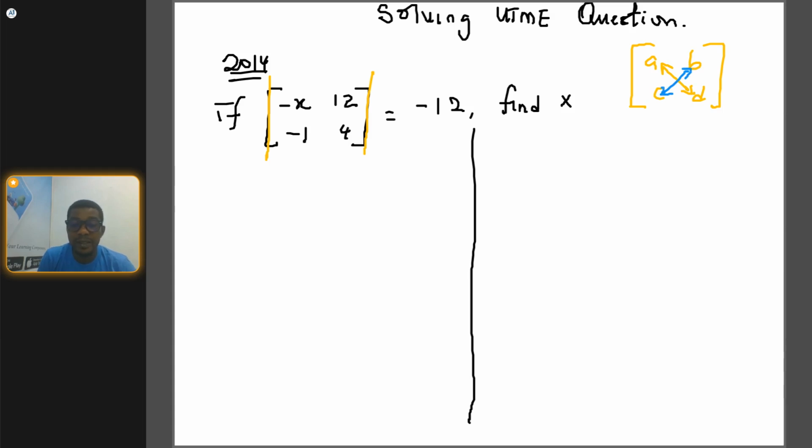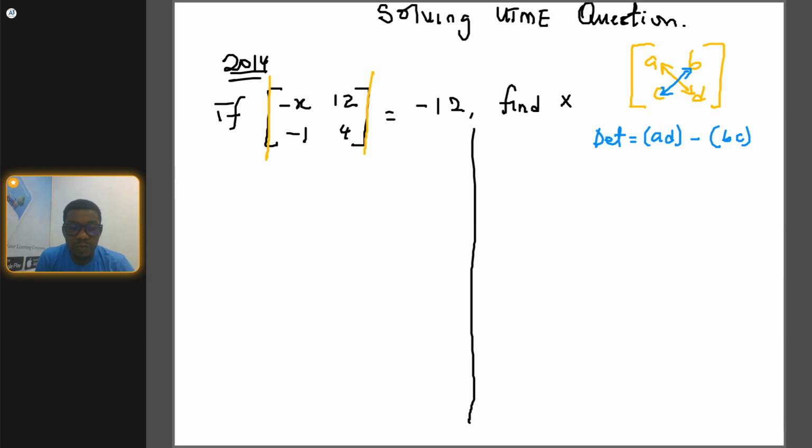What I mean by that is that the determinant will be equal to AD minus BC. That is, I'm multiplying D times A, that is AD. I'm multiplying C times B, that is BC. Then I'll take the difference. That will give me the determinant of the 2 by 2 matrix.